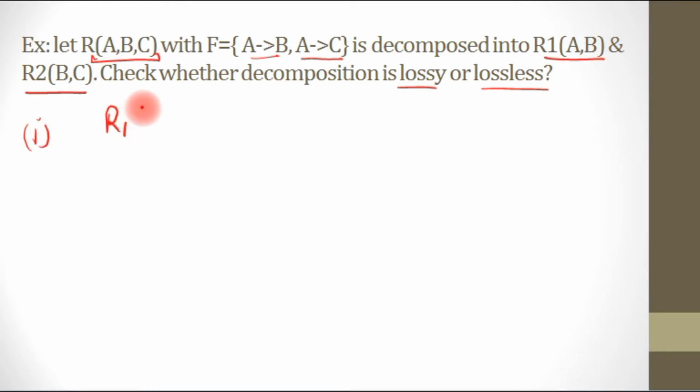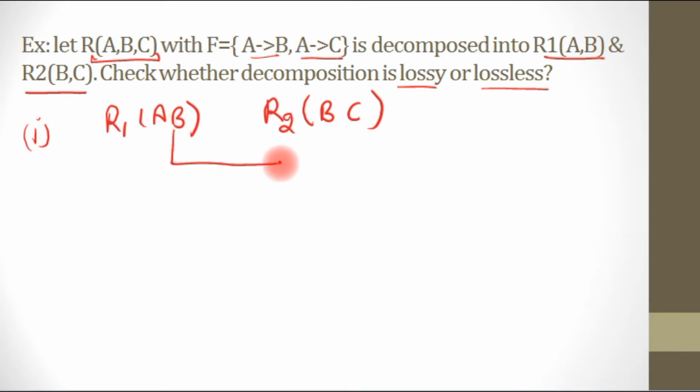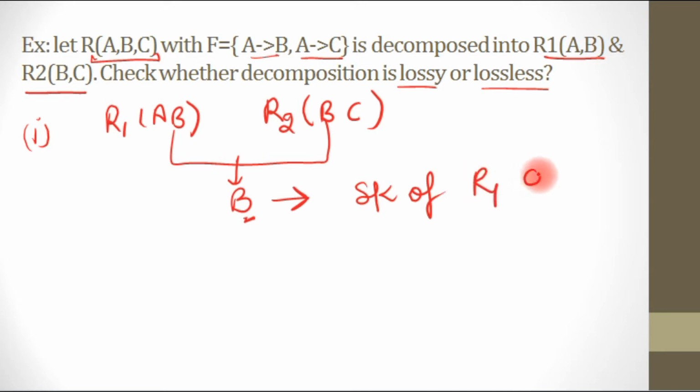First, we have to find the common attribute between these two relations. The common attribute is B. Now check whether this B is the super key of R1 or R2.